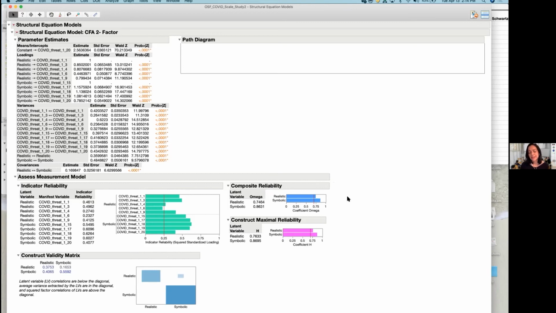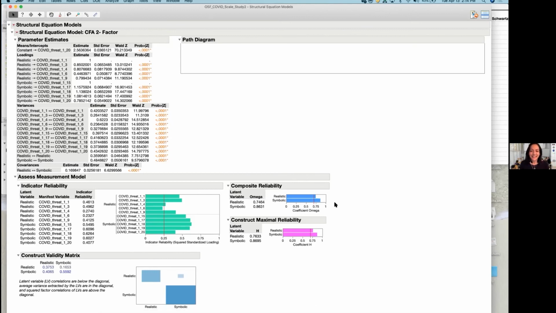You want it to be at least around 0.7. And in this case, both the realistic and symbolic threat meet that minimum. So this again is positive news for the survey. And this is to be expected given that the data were published in that one article.